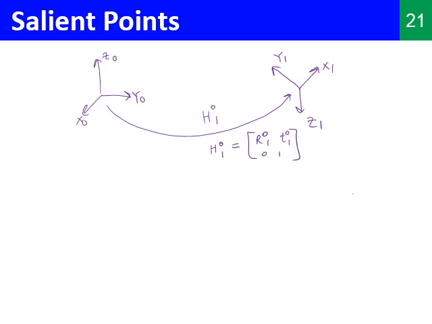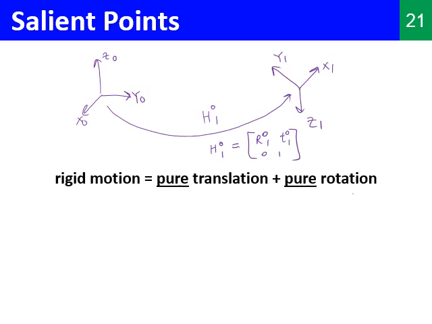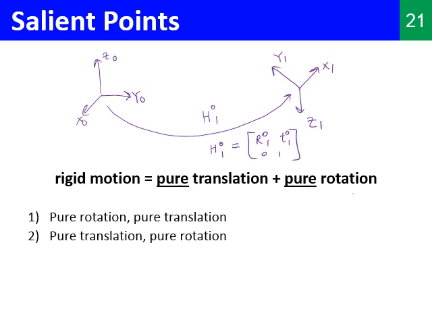Now we saw that a rigid motion consists of a pure translation and a pure rotation, and the order did not matter. So we can first do the pure rotation, followed by the pure translation, or else we can first do the pure translation and next do the pure rotation.